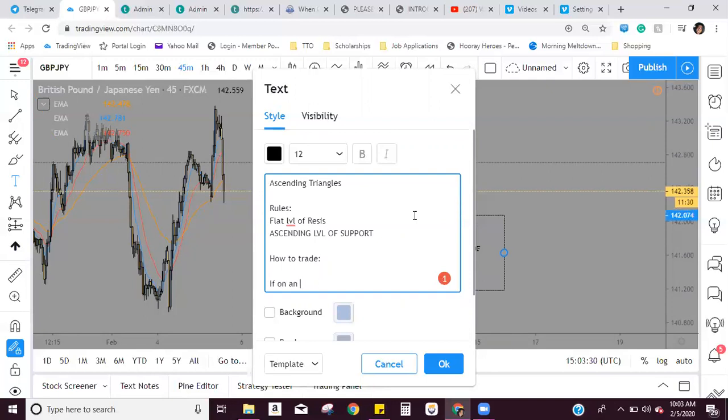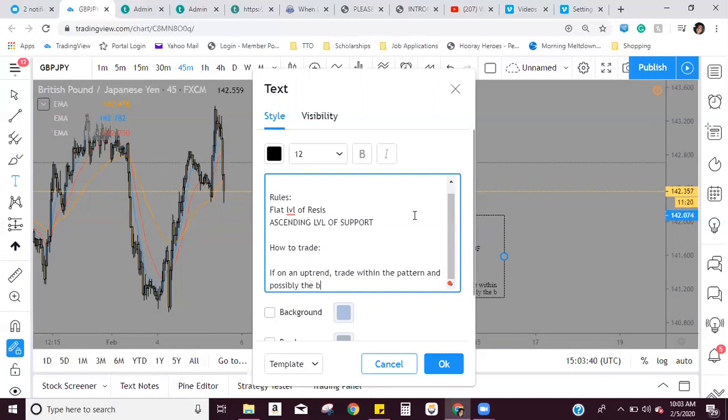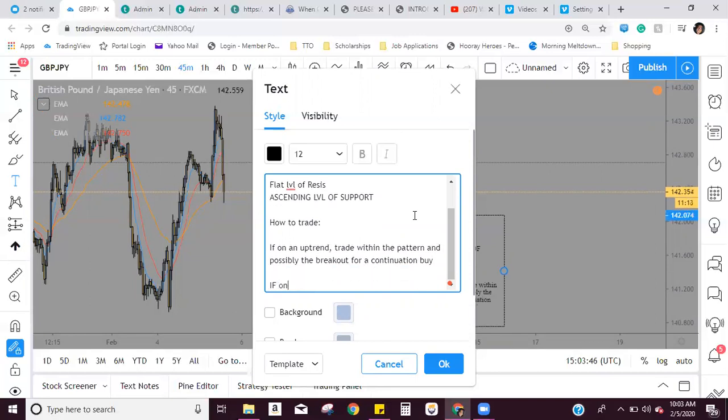If on an uptrend, trade within the pattern and possibly the breakout for a continuation buy. If on a downtrend, only trade within the pattern.